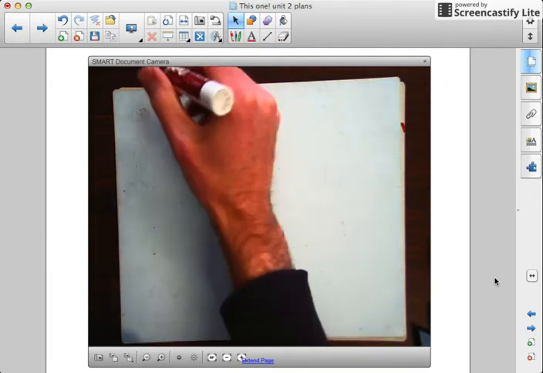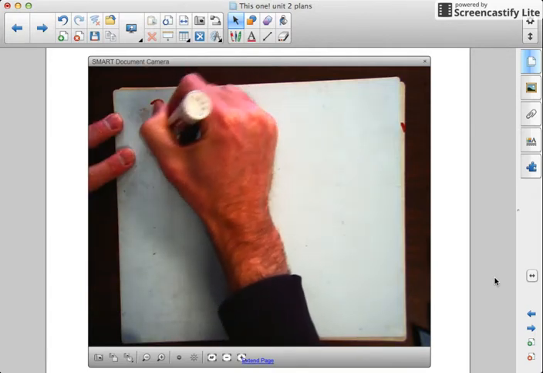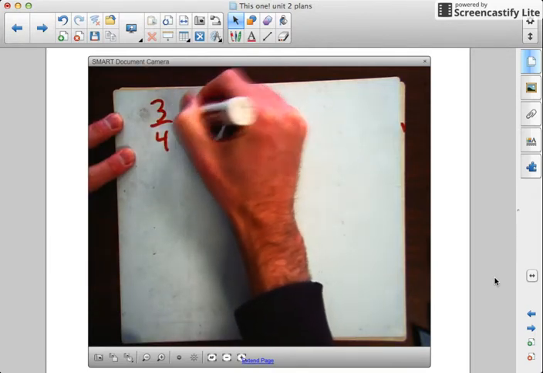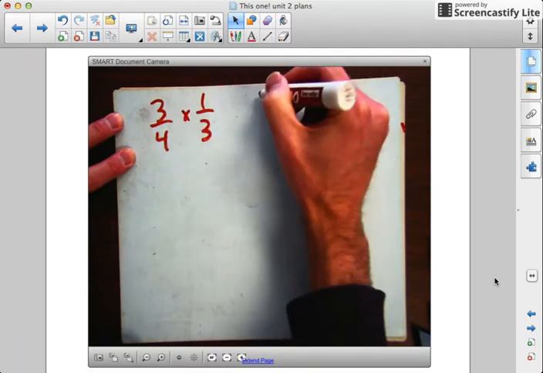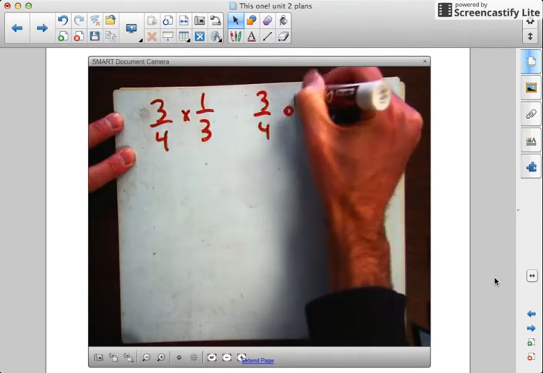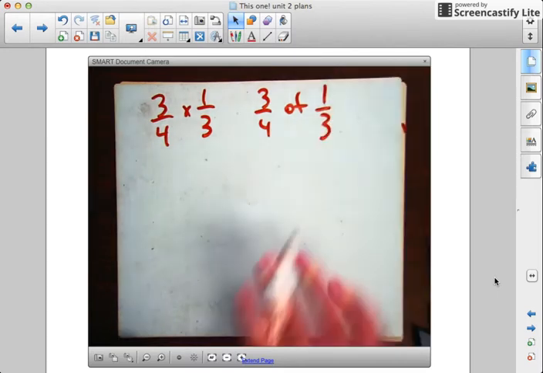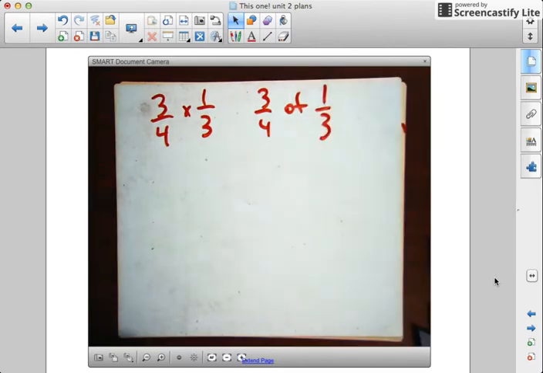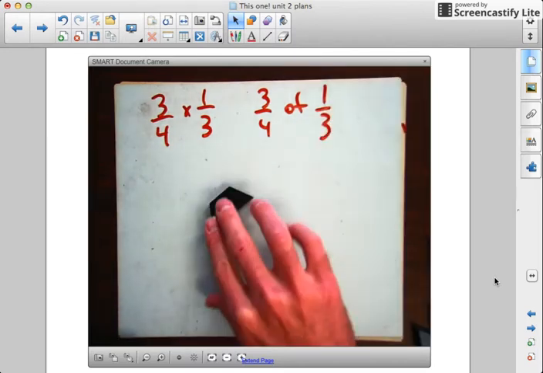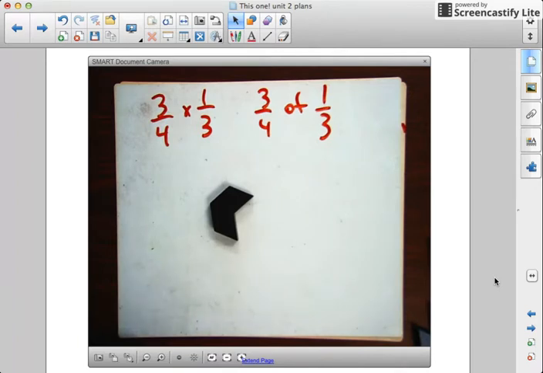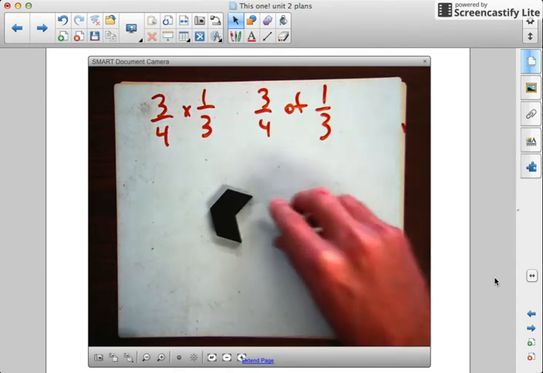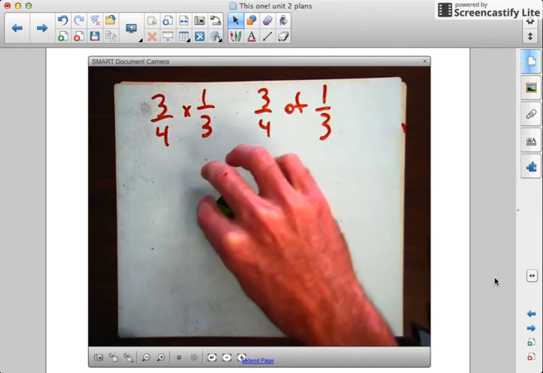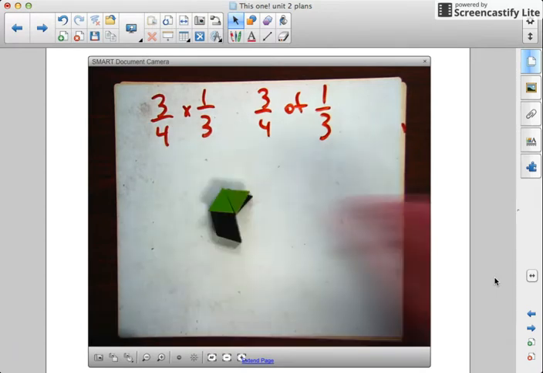Let's try 3/4 times 1/3. So I want 3/4 of 1/3. So I'm going to start with 1/3. 1/3 is one of those of the whole. I need 3 out of 4 groups of just this much. So I need to find something that will split it into 4 pieces. The only thing that will do that are these green ones.